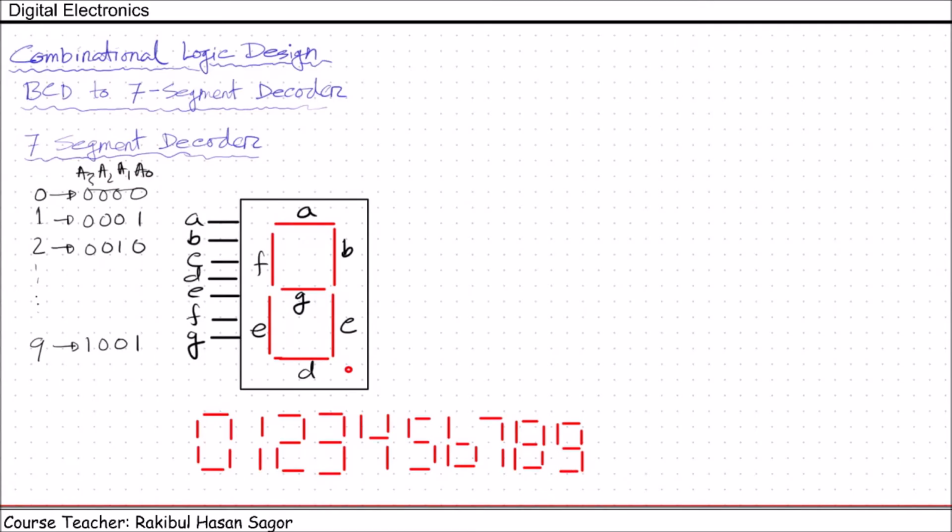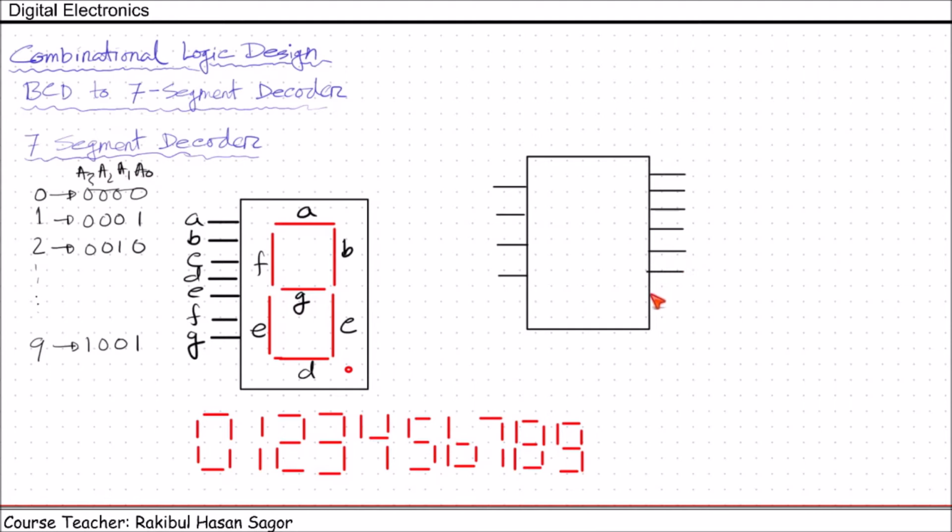Now, in BCD to 7-segment decoder, we'll be designing a circuit in a way where there will be 4 inputs. These inputs are in BCD. It will take these inputs, and there will be 7 outputs: A, B, C, D, E, F, G. This is BCD to 7-segment decoder.